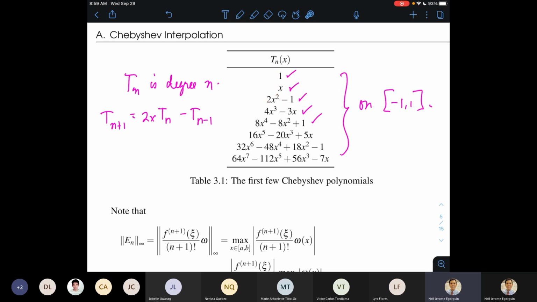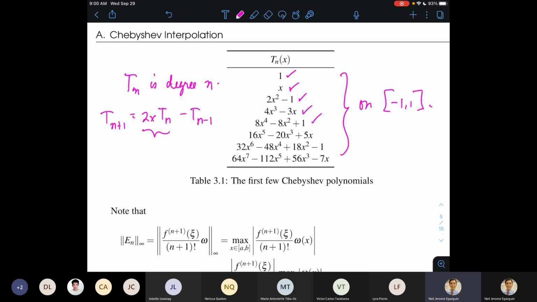Gawa na natin. So, at least kapag si n ay 1, alam natin siya ay degree 1. Pero pag inassume natin na si Tn ay degree n, hypothesis of induction, so ito ay degree n. Pero anong mangyayari para makompute si Tn plus 1? Para makompute si T sub n plus 1, etong degree n polynomial na to, minumultiply ko ng 2x.